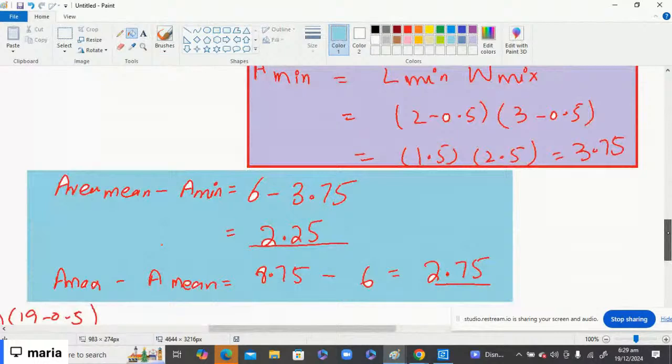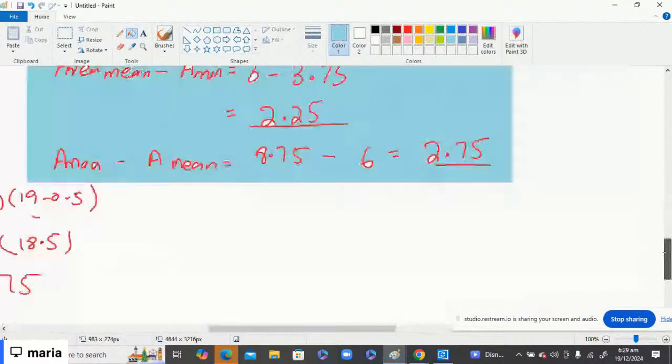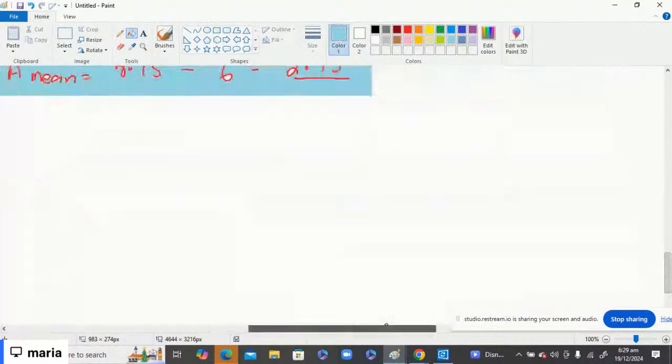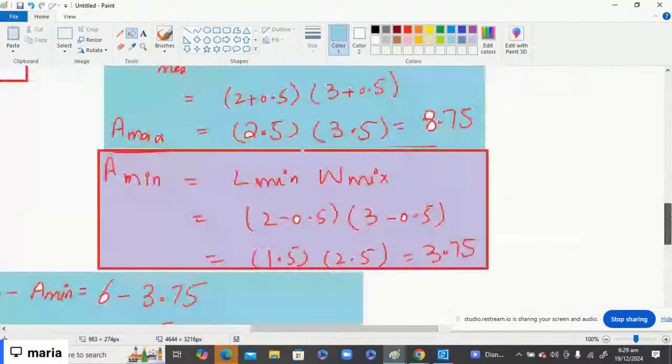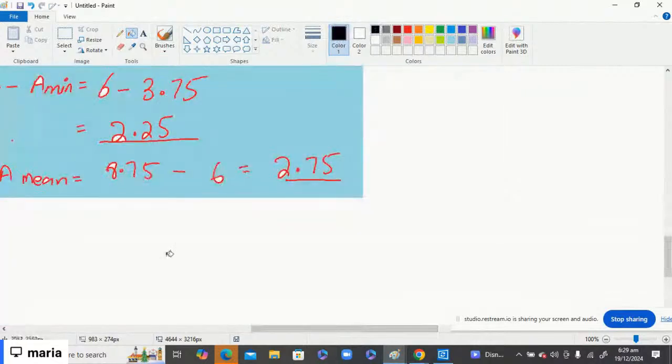Okay, now we find the error. Greatest, we find the possible error.